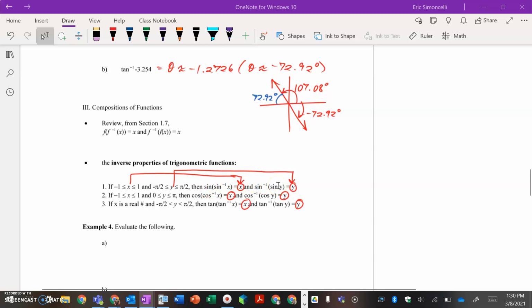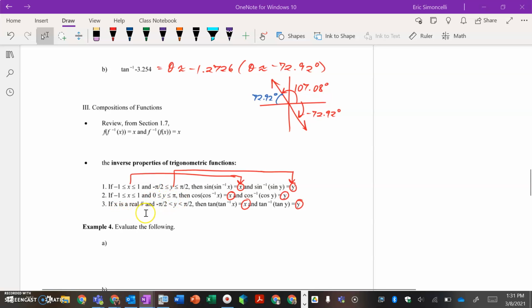That's important. Similarly, the same with x between -1 and 1 with inverse cosine, but y between 0 and pi. Cosine of the inverse cosine of x is equal to x, so it must fall between these two. And the inverse cosine of the cosine of y is equal to y, so in between those two.